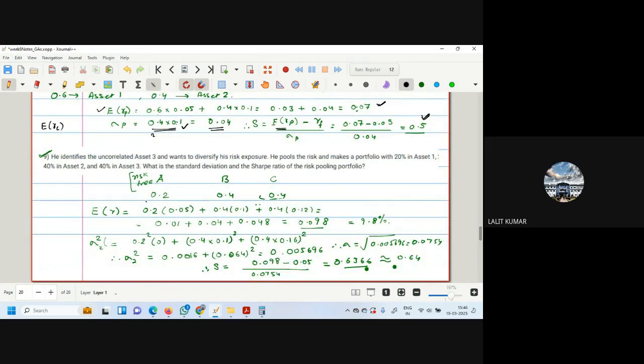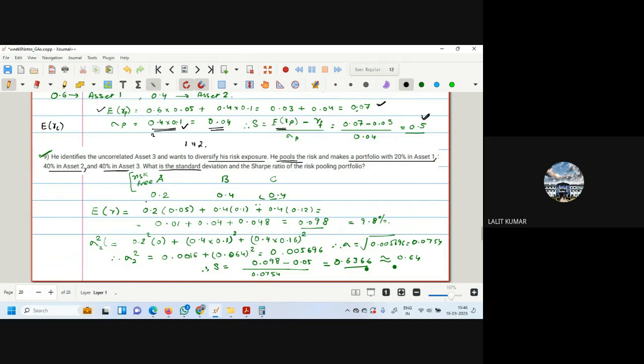So now question number 9. He identifies the uncorrelated asset 3 and wants to diversify his risk exposure. So till now he was investing in 1 and 2. Now he says, I will also do some investment in asset 3. He pools the risk and makes a portfolio with 20% in asset 1, 40% in asset 2, and 40% in asset 3.